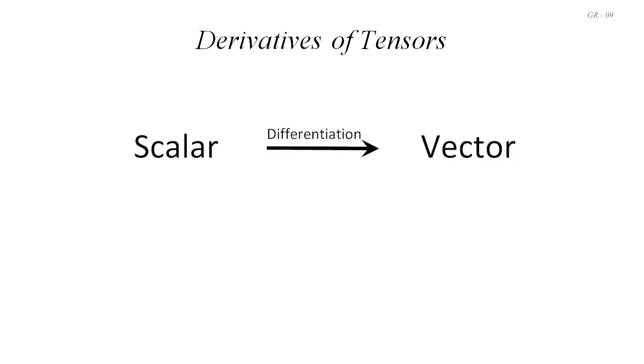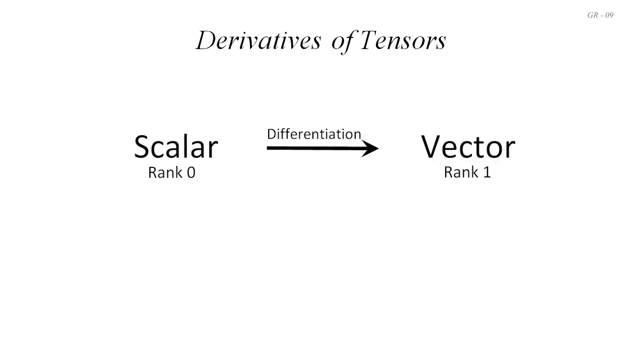Now that's a fairly loose argument, but I think it should persuade you that taking the derivative of a rank 0 tensor, a scalar, produces a rank 1 tensor, a vector, and that the extra rank must be shown in the components as a lower index, a covariant index. We essentially went from rank 0 to rank 1, scalar to vector, by differentiation.